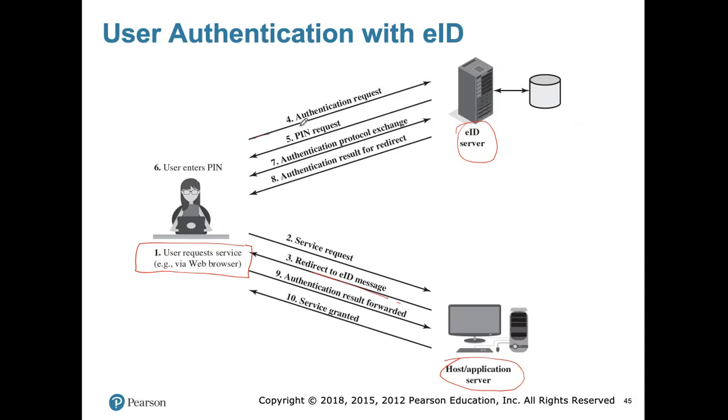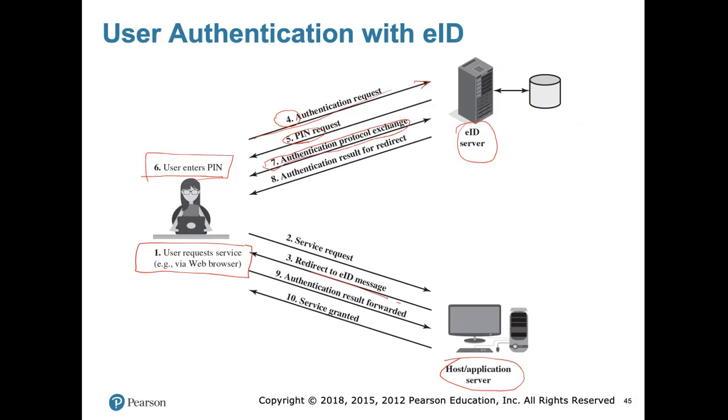The authentication request will be redirected at step 4 to an EID server, and the EID server asks for the PIN. So you swipe your card, okay, but this is the second functionality, and it is not ePass. So the user is asked to enter the PIN. The user enters the PIN, and the PIN goes to the EID server, and the authentication protocol exchange will happen.